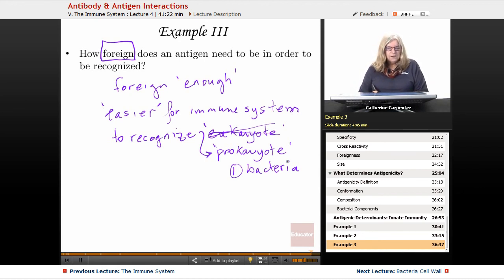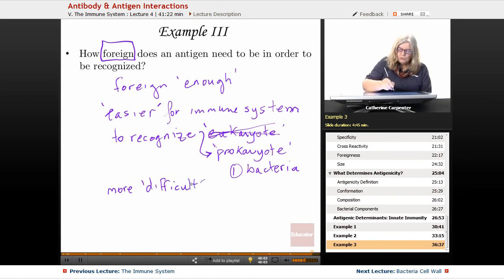eukaryotic cell. It is more difficult, let's put that in quotes, for the immune system to recognize a eukaryote.